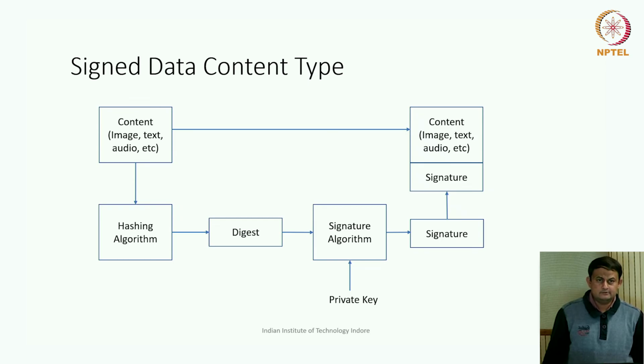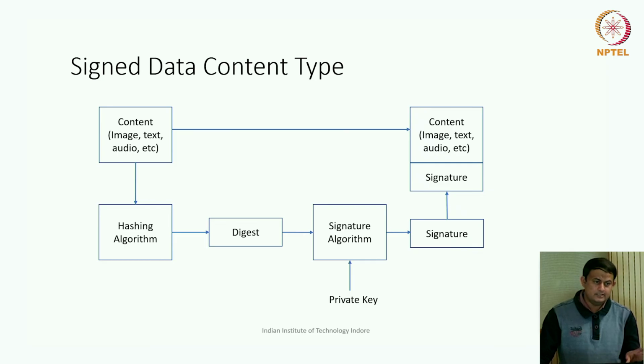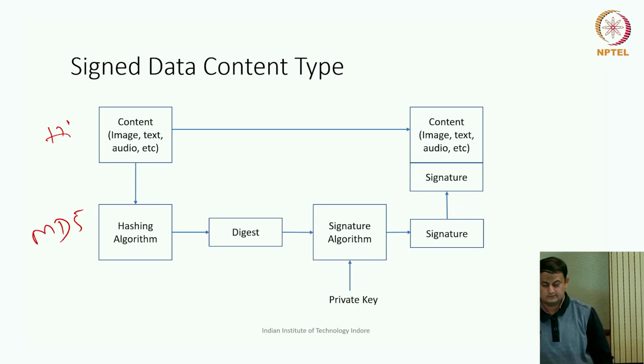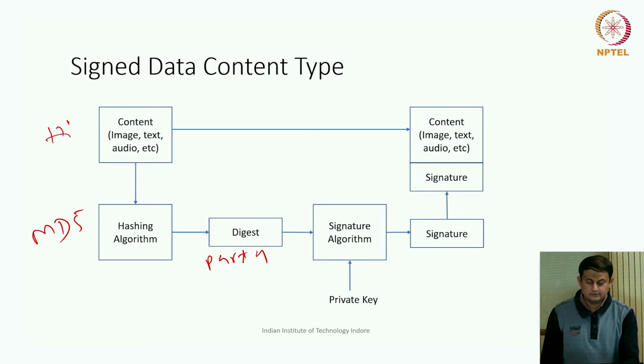The second data type that it defines is something called a signed data content type. In this signed data content type, you not only calculate the hash, but that hash is actually signed. So as usual, I have the email content, let's say it is high, and then you have the hashing algorithm, let's take MD5. You get the hash PQRT9, and then you take an encryption or signature generation algorithm, to which you supply a key.